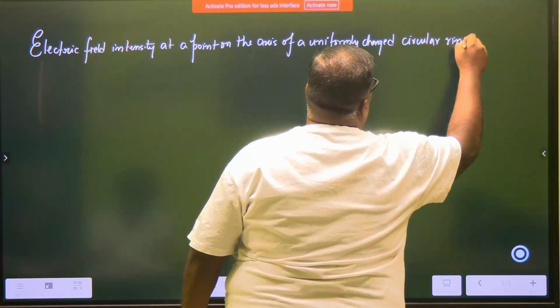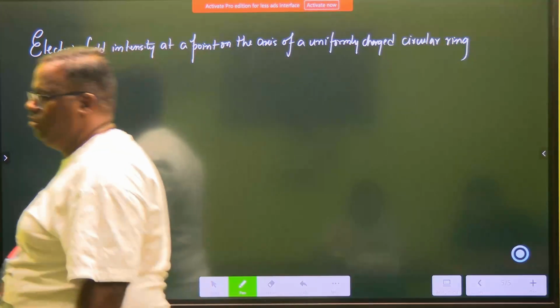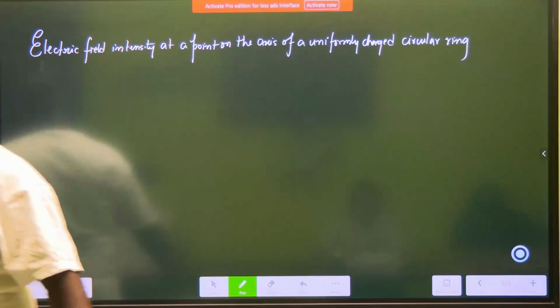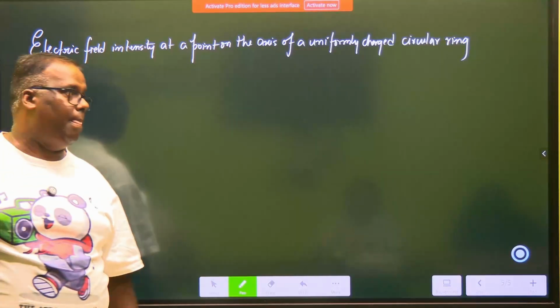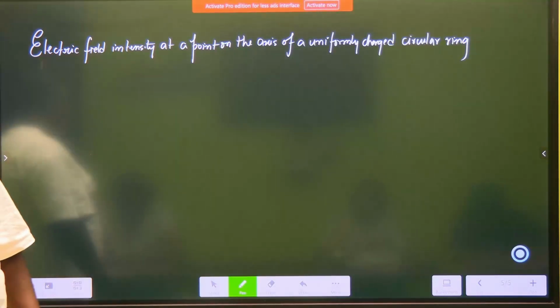Now this is something like your hula hoop. You have a hula hoop which is uniformly charged, and then you are going to find out.